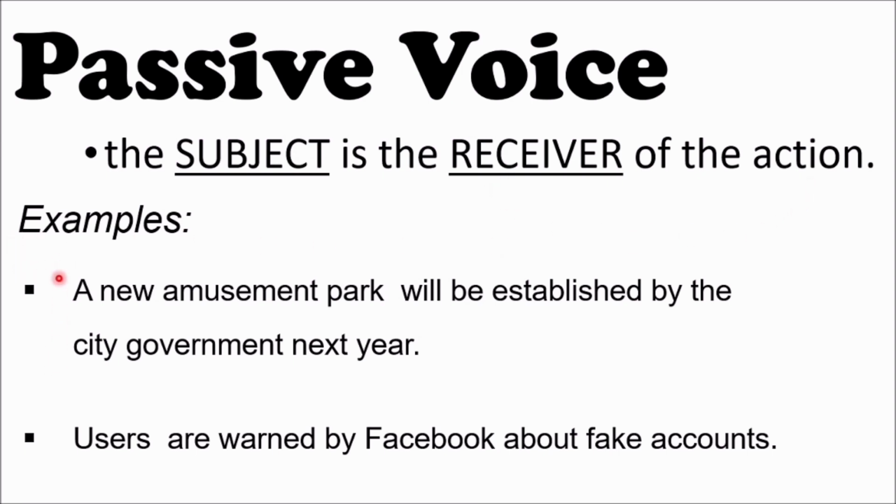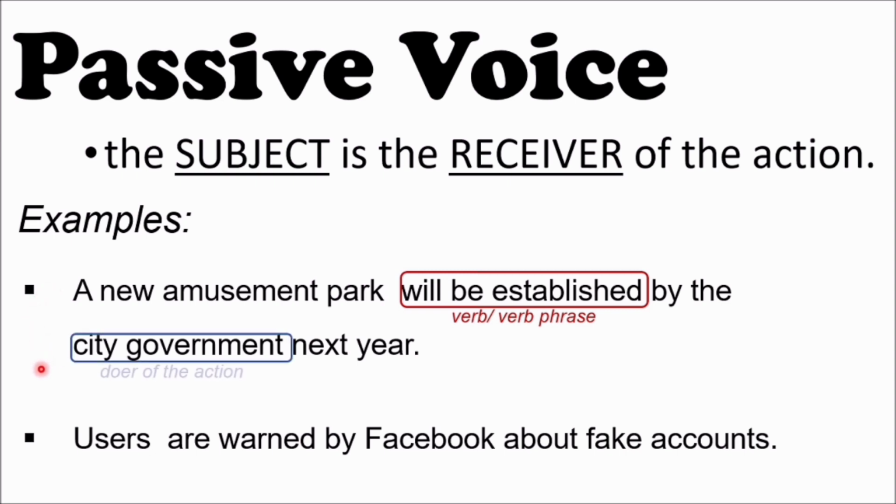For example, here, first sentence. A new amusement park will be established by the city government next year. In this case, will be established is our verb phrase. Who will establish a new amusement park? City government. So it will remain the doer of the action in this sentence, okay?